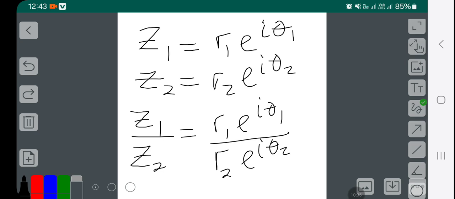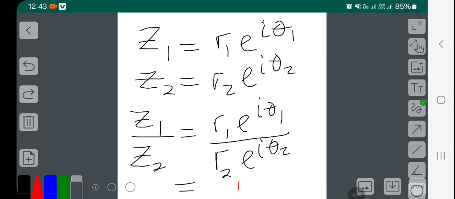The rules you need to apply when dividing exponentials: let's start with the modulus. Our modulus is r1 divided by r2, so we just divide those numbers.